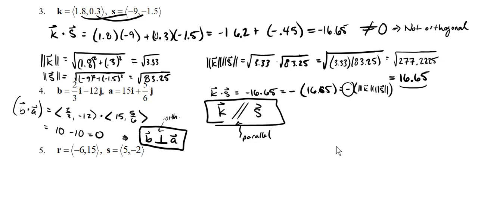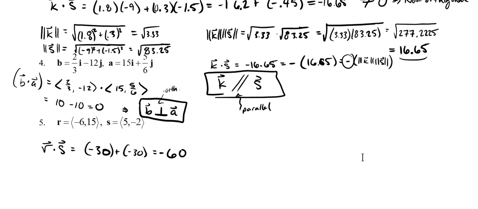That means orthogonal. Here when we dot R and S, problem 5, we get negative 30 plus negative 30. That's negative 60. You might say, oh, that looked like it was going to cancel, but it didn't quite cancel. Right. So we know this is not orthogonal. We have to determine whether we have parallel vectors.